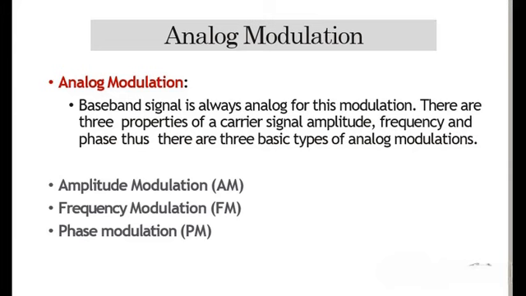And frequency modulation means the frequency of the wave varies with the intensity of the modulating signal. The advantage of frequency modulation is that it decreases the noise, and there is a significant increase in the signal to noise ratio.